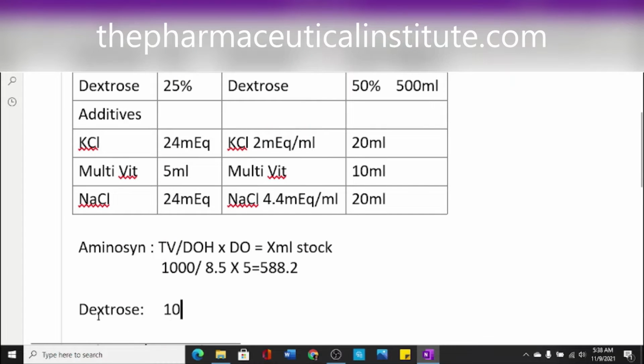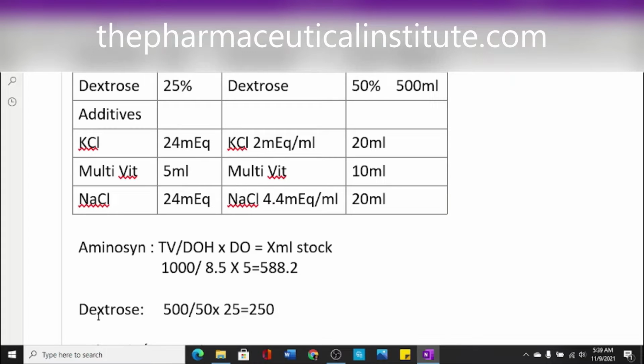Now we'll do the same thing for our dextrose. Total volume, 1,000 milliliters. Oh, no, we have 500. 500 milliliters divided by the stock dose on hand, which is 50, multiplied by the dose ordered, 25, equals 250 milliliters.